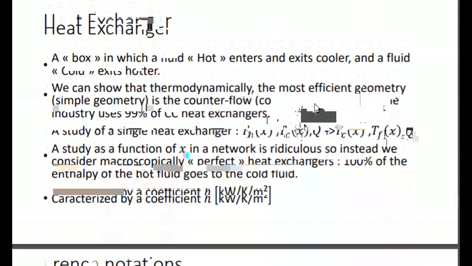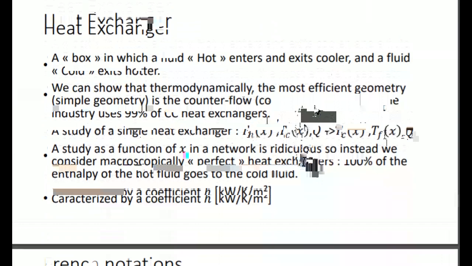I understand that. But we will compensate for it with a certain factor. And the heat exchangers are characterized by a coefficient h. So it's a unit of power per degree per surface.